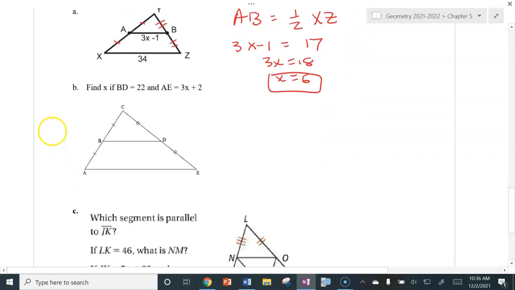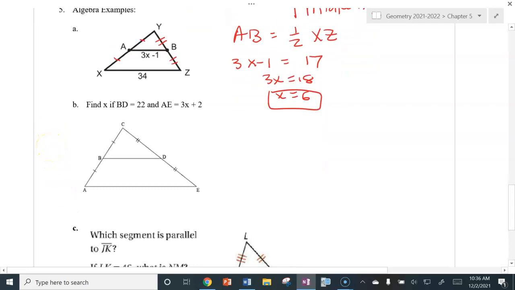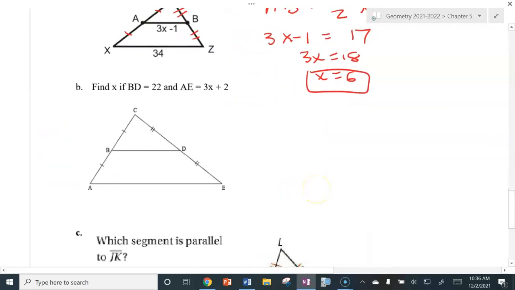And this other one, the next one, we do have it marked. We're going to find x if BD is 22 and AE is 3x plus 2. I'm going to do this one a little differently. The last one, I took that base and I divided it by 2. This time, let's take our midsegment and double it because both ways work.